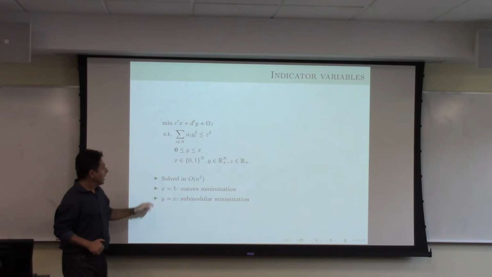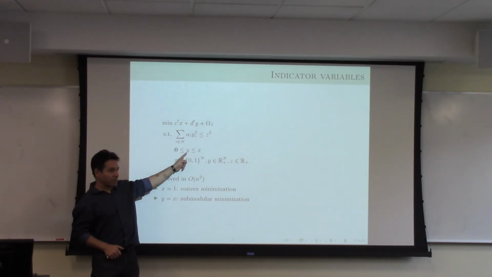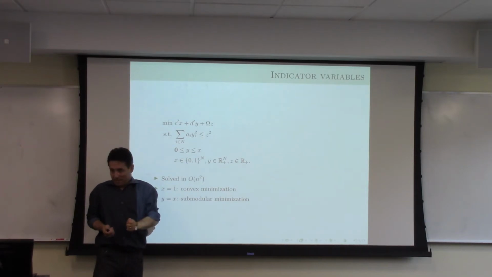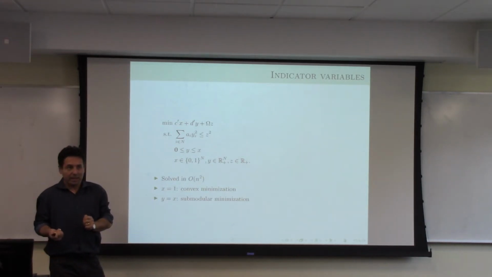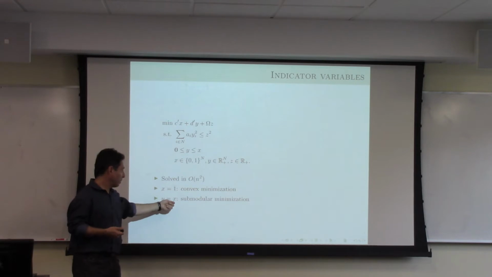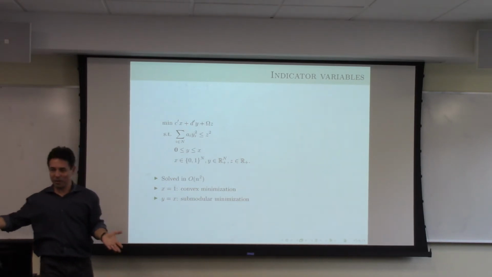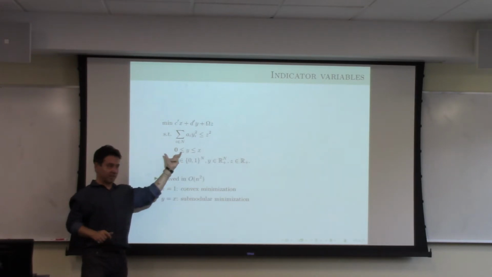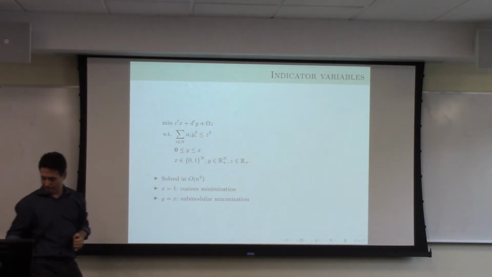Easy. If I fix my y variables to x, then I made y's binary as well. Then it's also an easy problem. It's a submodular minimization problem. We understand this convex hull very well. So how are we going to deal with the case where y is strictly between 0 and 1?